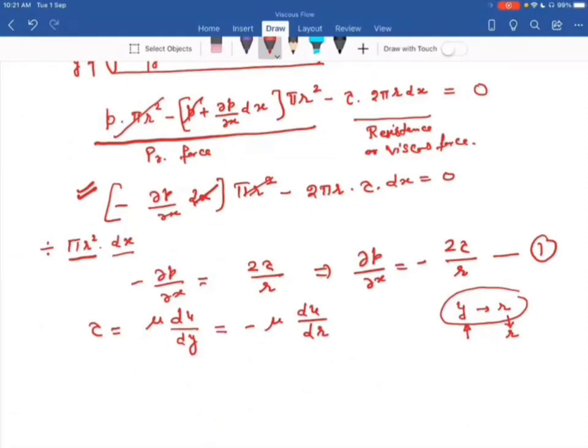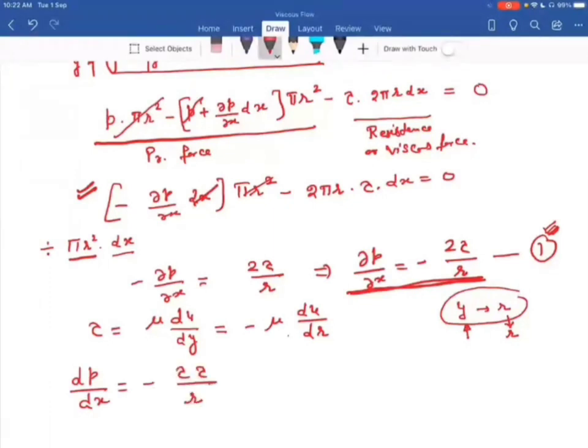Before writing equation number 1, I do one thing more to this relation. The variation of pressure is only along the x-axis and the variation in tau is along the y-axis. That means P is independent of y and tau is independent of x. So I can write equation 1 again with exact derivatives: dp by dx equal to minus 2 tau by r.